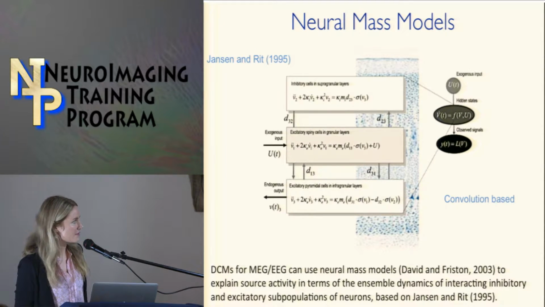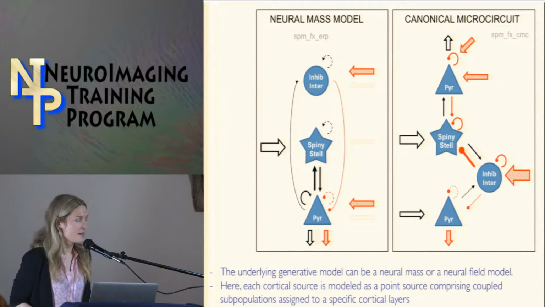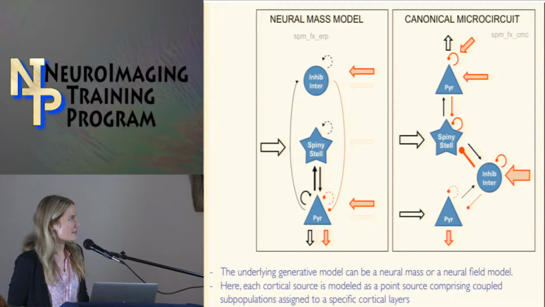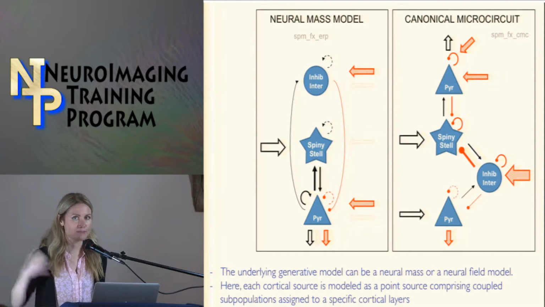So Olivier David and Friston extended this in 2003, and it's also been extended further in later years. This type of model is the generative model, which is used to describe what we're actually measuring.